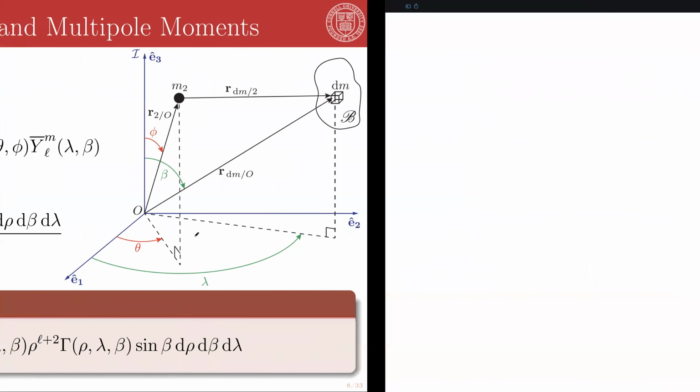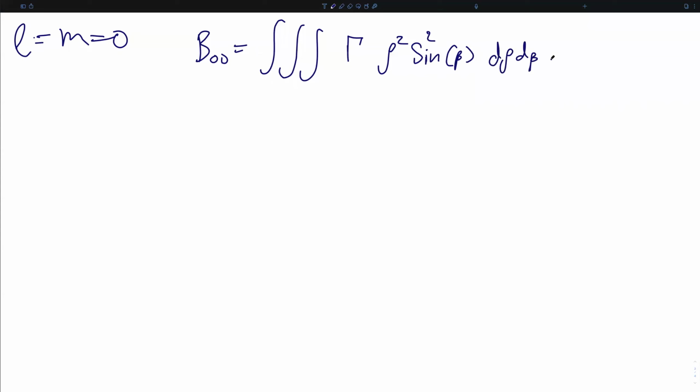In the case where L is equal to M is equal to 0, which is known as the monopole term, our leading coefficient is equal to the triple integral over the density function gamma times rho squared sine squared beta d rho d beta d lambda, which will be equal to the total mass of the entire body.